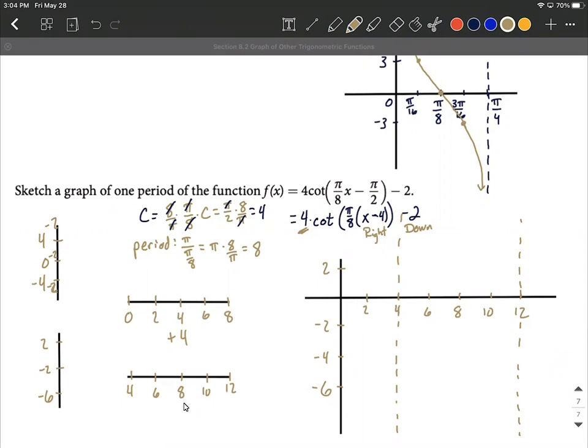These 3 inner labels, what they go with are these 3 labels on the left-hand side, like our vertical axis labels. So we're going to have an ordered pair at (6, 2). We're going to have an ordered pair at (8, -2).